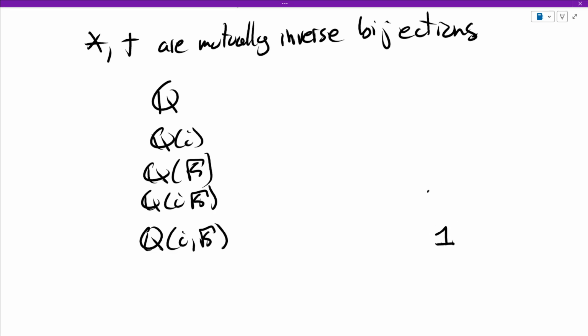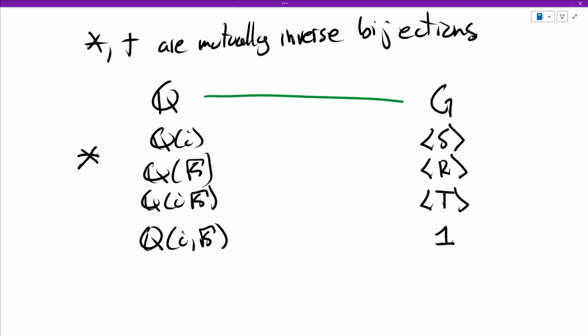We have the group generated by T, the group generated by R, the group generated by S, and we have the whole group. And what star is going to do is take in Q and spit out G. It's going to take in Q adjoin i and spit out the subgroup generated by S. It'll do that, and that.